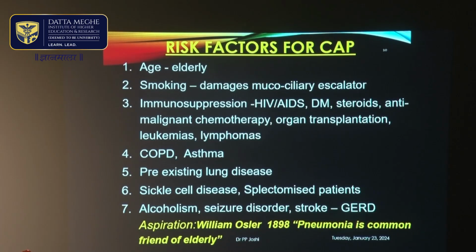As we grow older, the immunity drops and the chances of developing lower respiratory infection and community acquired pneumonia is high. Smoking causes damage to the mucociliary escalator, allowing the organisms to go down into the lower respiratory tract.